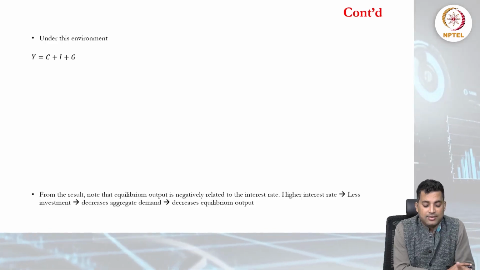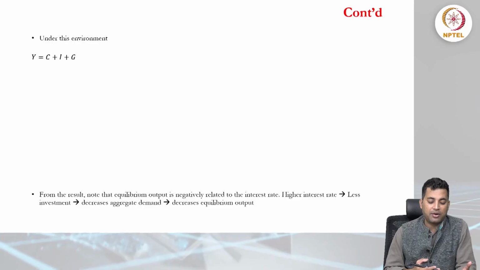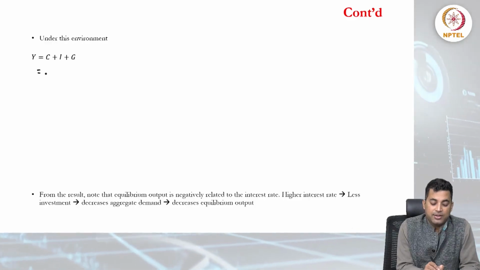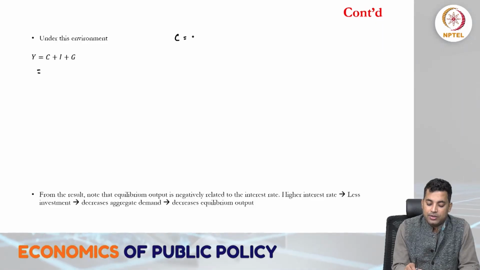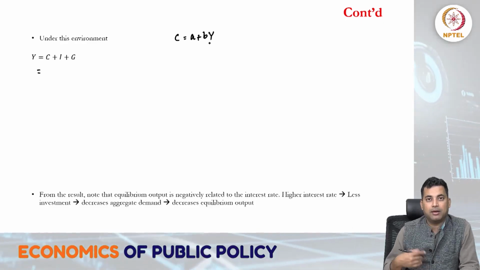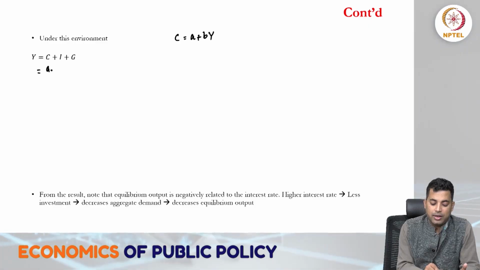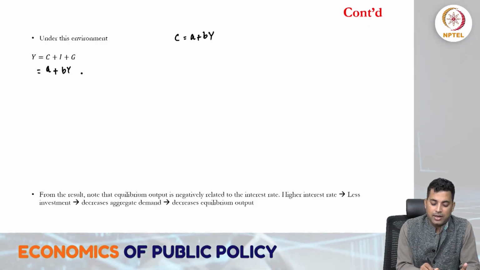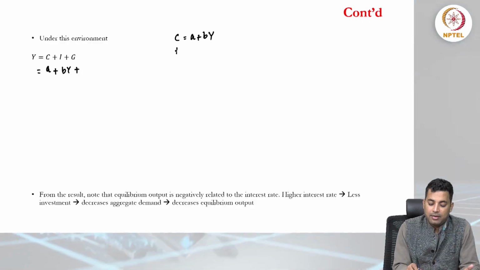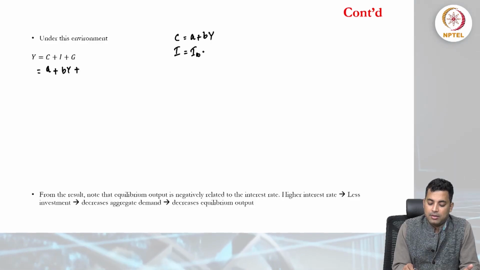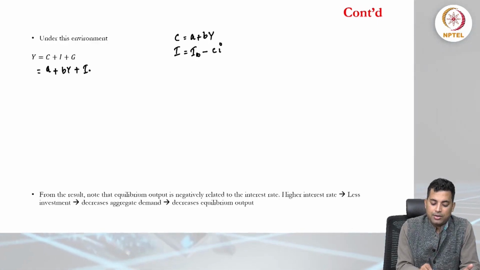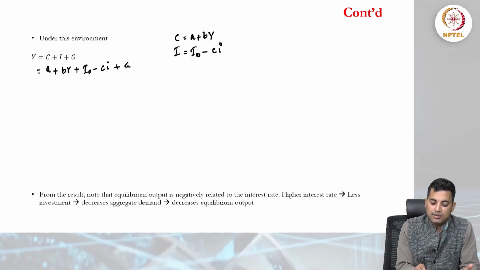Now let us understand how we formulate the overall grand macroeconomic equation. Here, small c, as we already know, c equals a plus by, where y is overall income, plus I. Now I is I naught, the planned investment, minus ci, plus government expenditure.